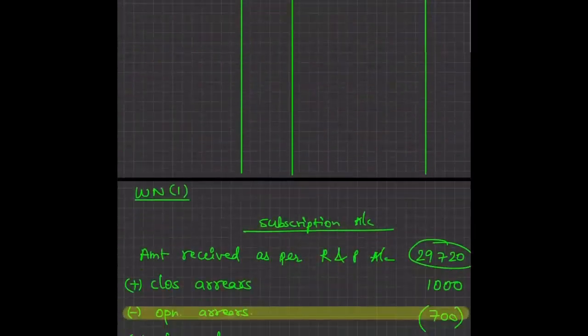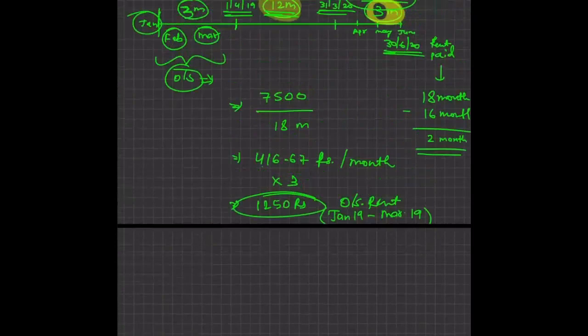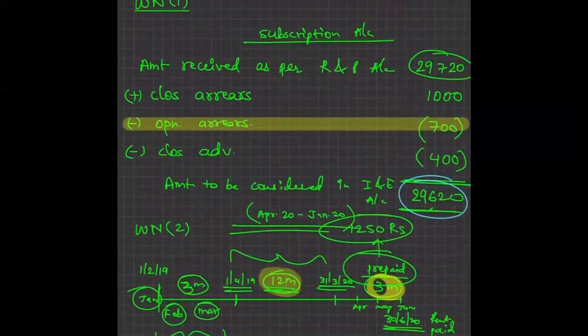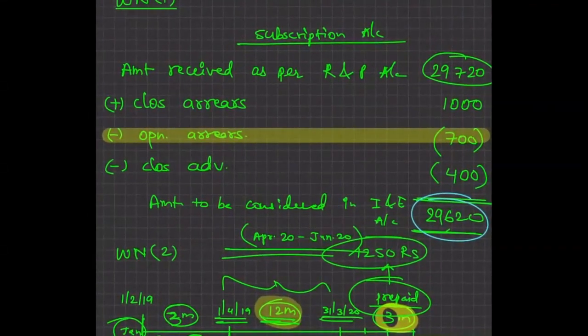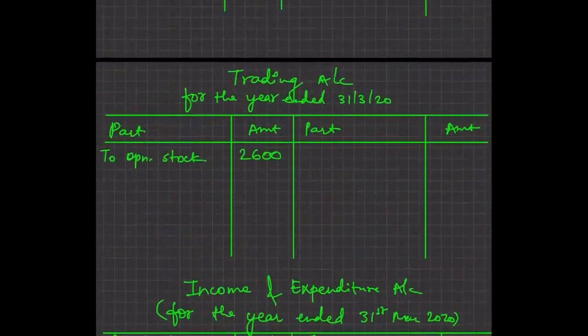And as per your working note number 2, what you will do? You will also enter the closing arrears in the asset of rupees 1,000 and closing advance in your liability of 400. So let's do it in the balance sheet then and there itself.